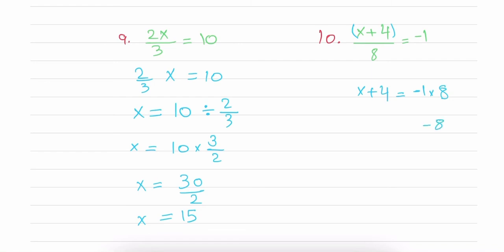Do not forget the left side. So we have x plus 4 equals negative 8. Now we need to remove plus 4, and this will happen by subtracting 4 from both sides. So x equals negative 8 minus 4, which will give us x equals negative 12.